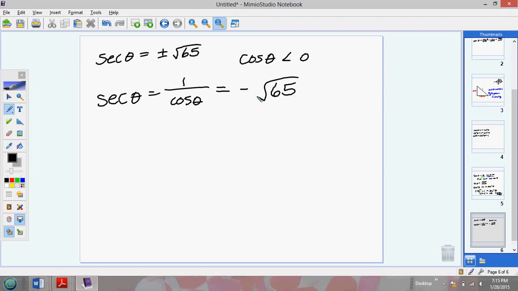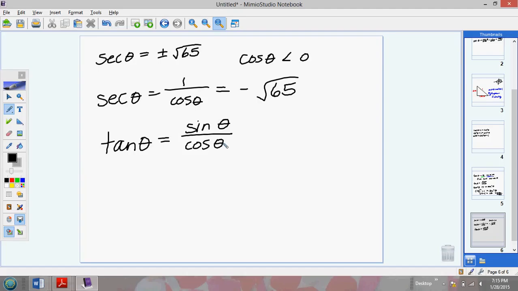If secant theta is negative the square root of 65, and tangent theta is sine over cosine, remember, the original problem asked us to find both sine and cosine.